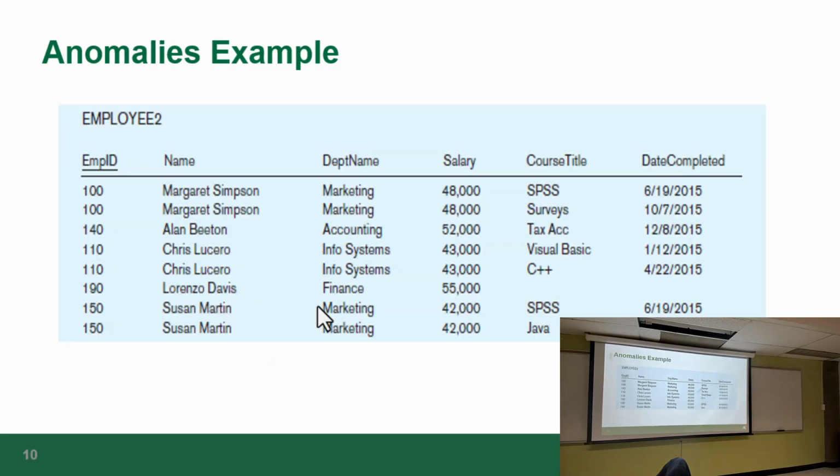Okay, so here's our first table of data. This is actually going to be talking about anomalies. What's kind of cool about this slide is that this example is from a textbook I was using to teach a different course about 15 years ago. But that's not the cool part.